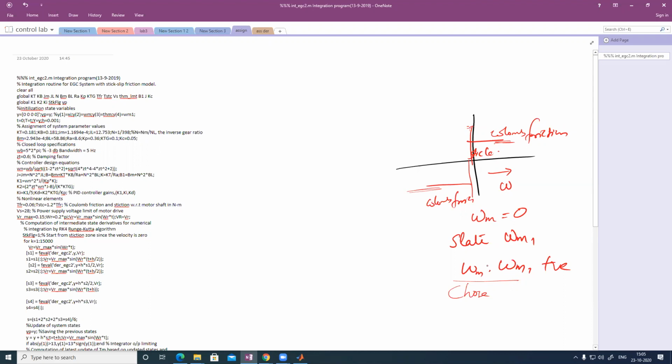So omega m multiplied by omega being a positive value means our model is right. If it is negative, it means we chose an omega value that is in this zone and the other one is this zone.